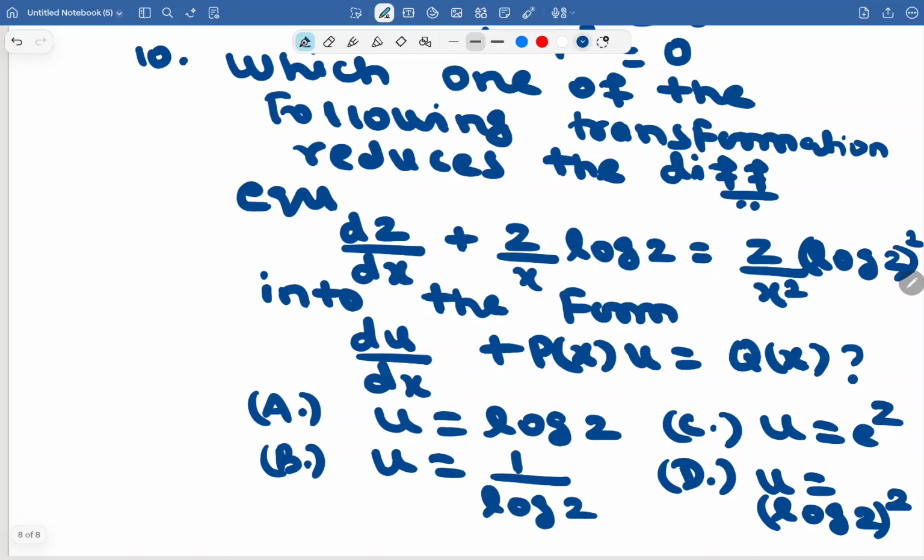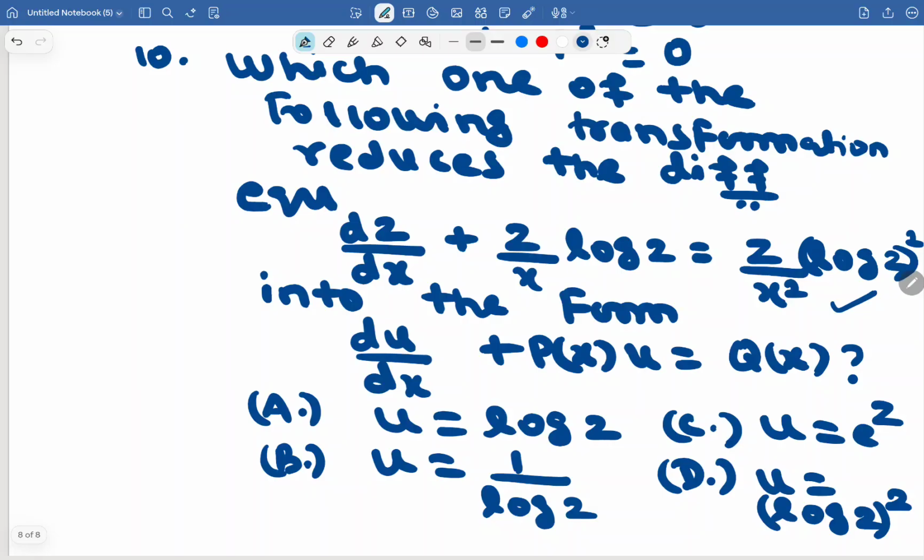In this problem, we are given two equations. One is dz by dx plus z by x log z equal to z by x square log z the whole square.